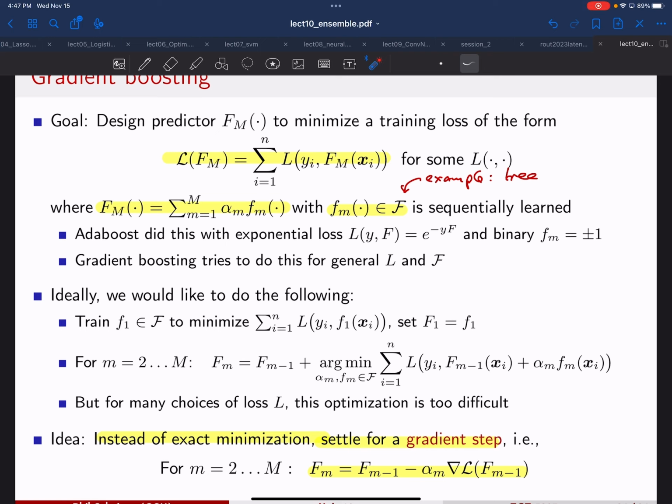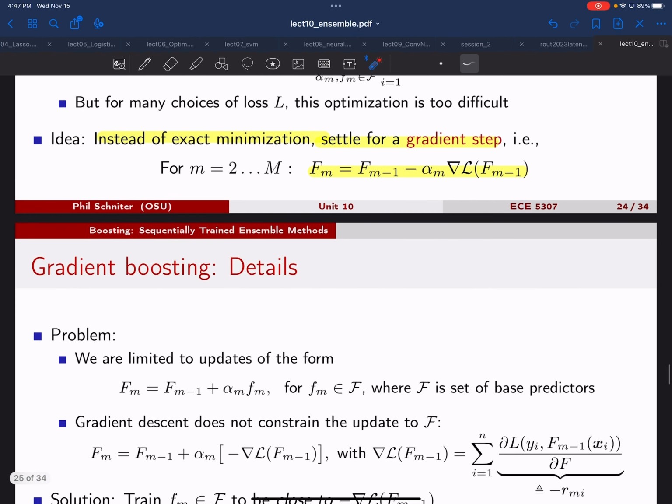Okay, so we want to essentially do this, but there's a catch. There's a big problem. So remember that what we really need to do is say the mth stage boosted classifier is the previous boosted classifier plus alpha m times fm, where fm is some model that we know how to design.